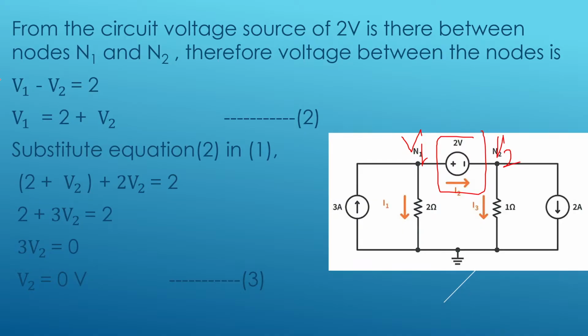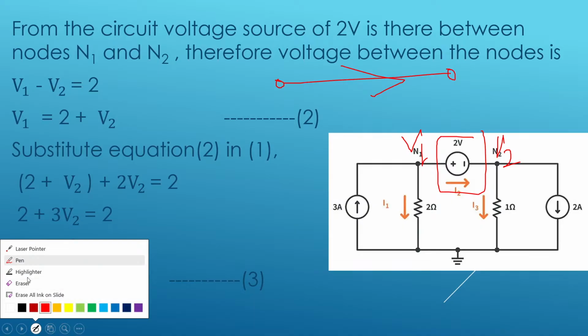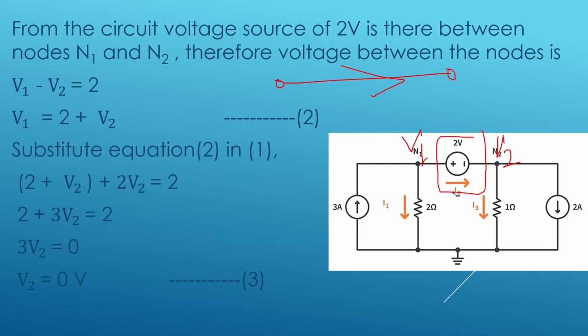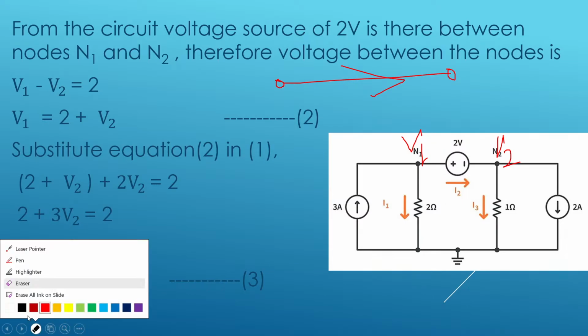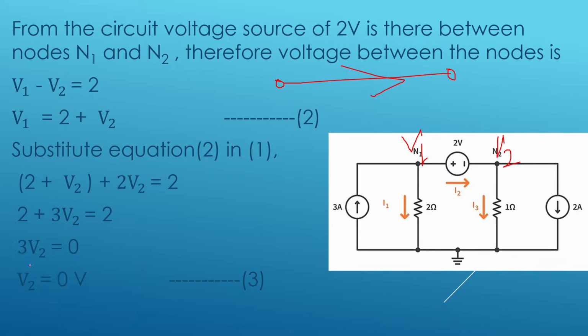If current has to flow from one node to another node, there should be a potential difference between those two nodes. We just observe the I2 current here. I2 current is from V1 to V2. So always current will flow from higher potential terminal to lower potential terminal. So V1 minus V2, the difference of these two voltages, is the voltage drop across that element.